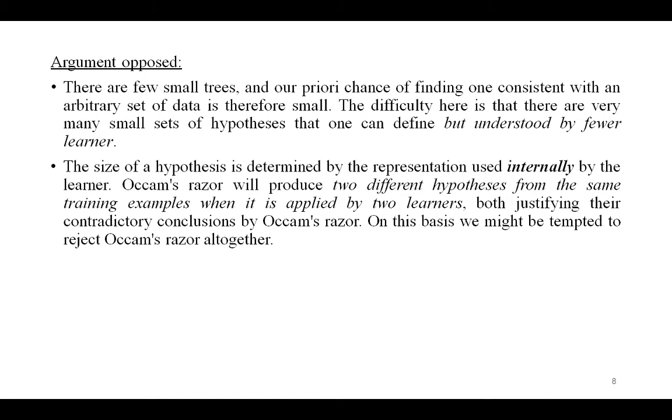So why should we believe that the small set of hypotheses consisting of decision trees with short descriptions should be more relevant than the multitude of other small sets of hypotheses that one might define here? So that is one problem with the previous argument, that is, why to prefer the short hypothesis.